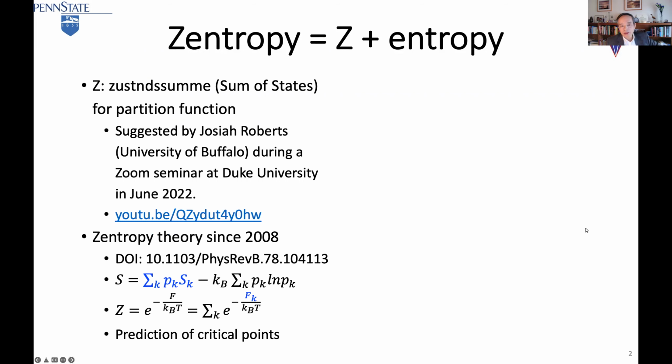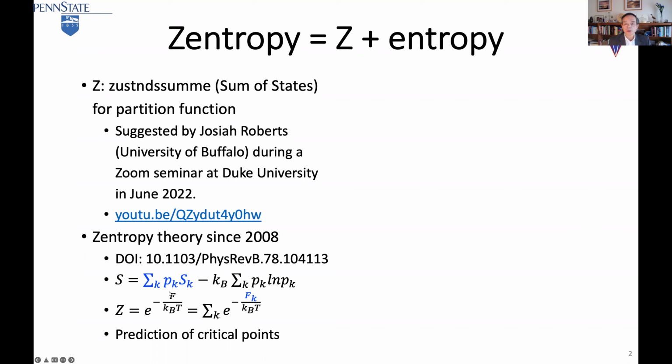We started work on this concept in 2008. This is our first paper, published in PRB. In that paper, we postulate that the partition function of a system is equal to the sum of the partition functions of individual microstates, with the free energy here.